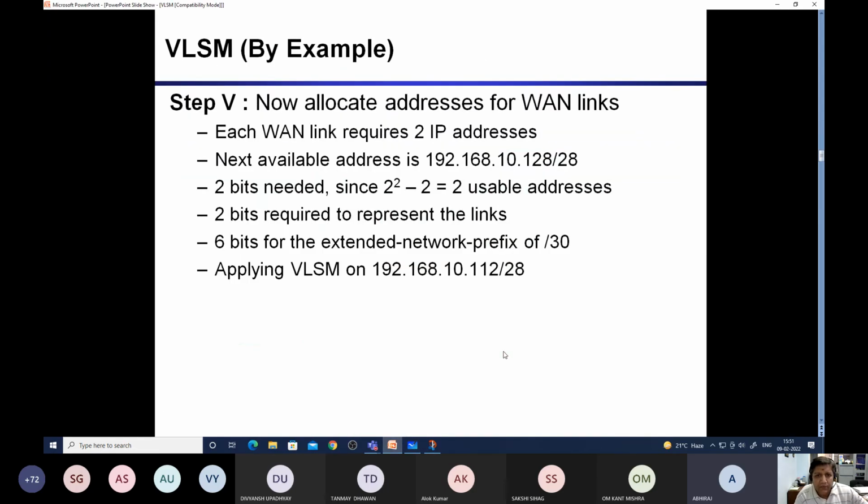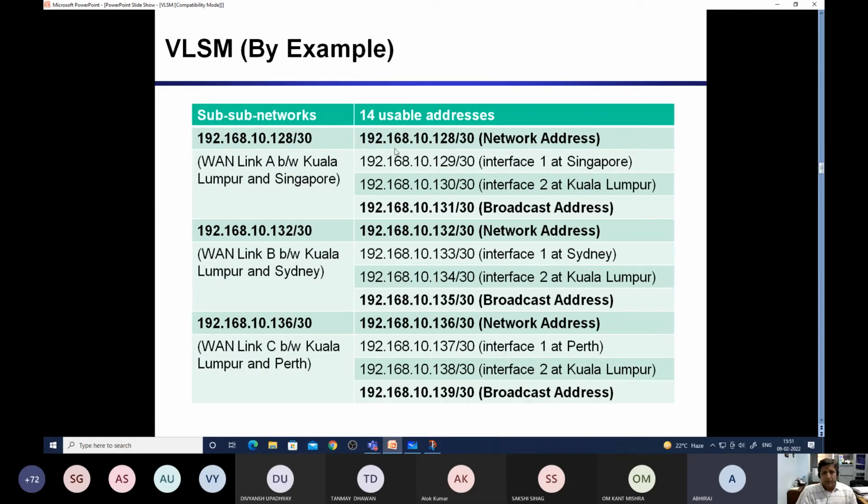Fine. So each WAN link requires 2 IP addresses. As you already told, that 2 bits are needed. 6 bits for network, extended network prefix of /30, because network bits will be 30. And then if you apply here on 112/30, so you'll get this 128/30 network address, 131/30 broadcast address, and these 2 interfaces will be assigned.